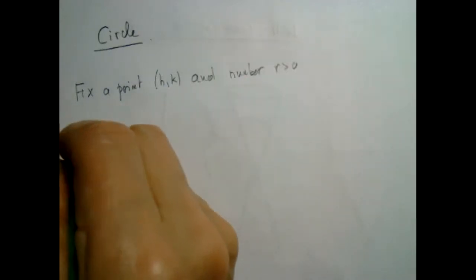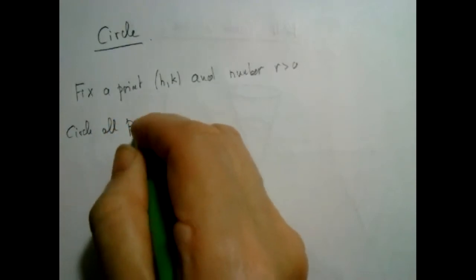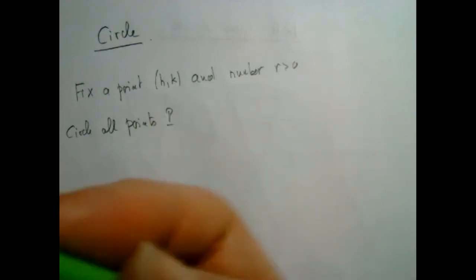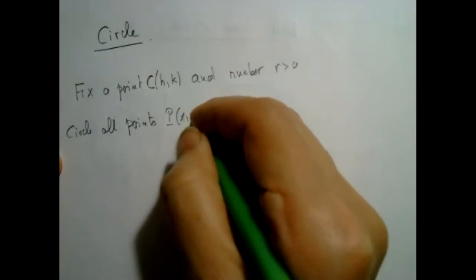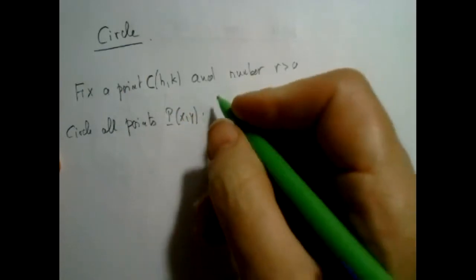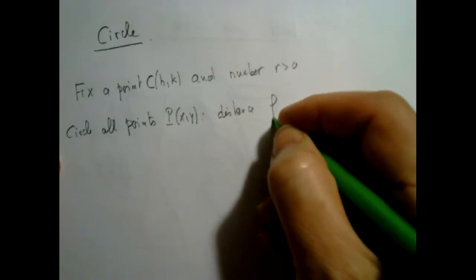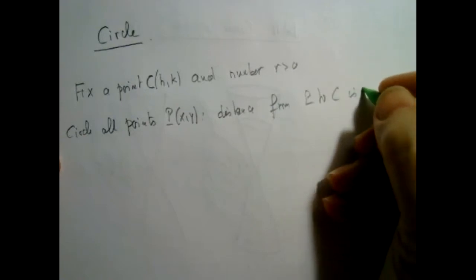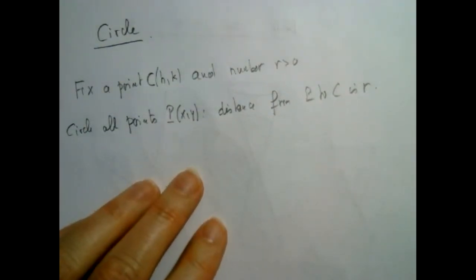The circle, by definition, is all the points P, let me call this point C, all the points (x, y), such that the distance from P to C is a fixed number r.